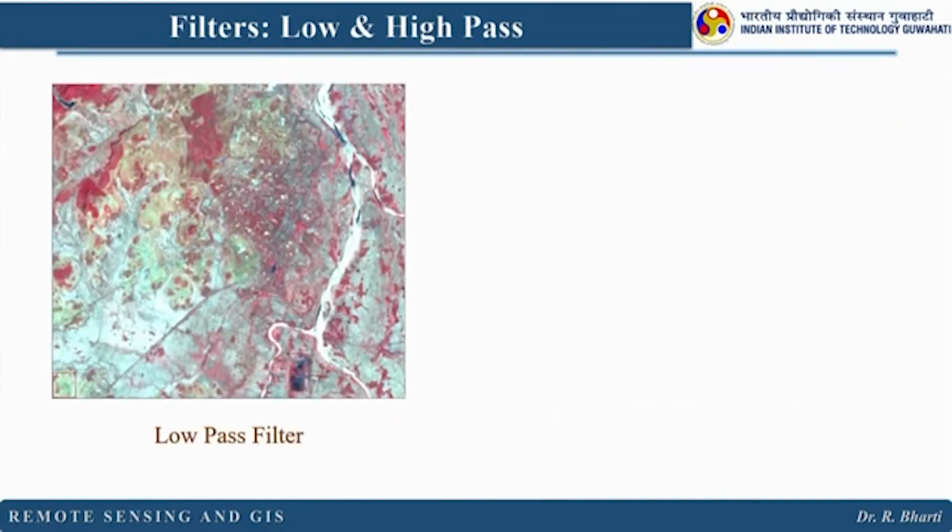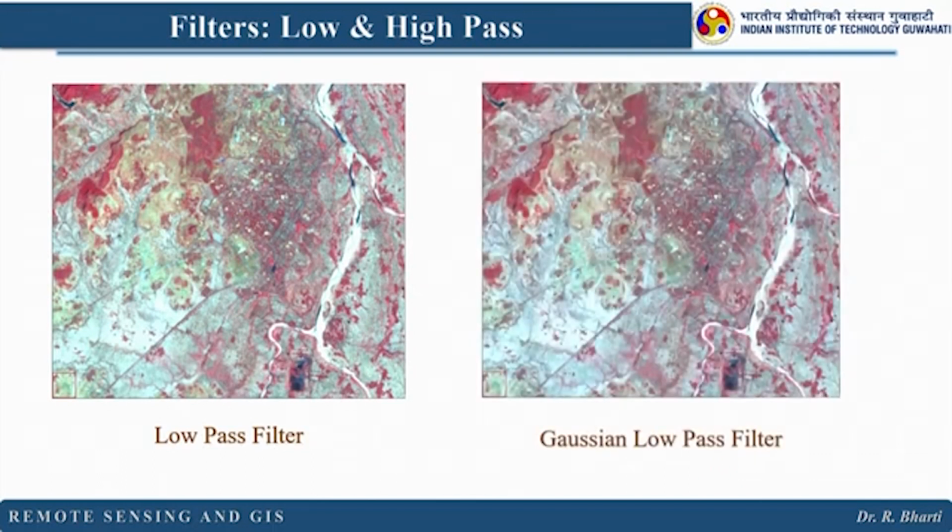This is another example, from the low pass filter and the Gaussian low pass filter. In the low pass filter, we are allowing the low frequency DN values to pass and the high frequency DN values are suppressed. But in the Gaussian low pass filter, the basic assumption is that your low frequency DN values are equally distributed in your image.